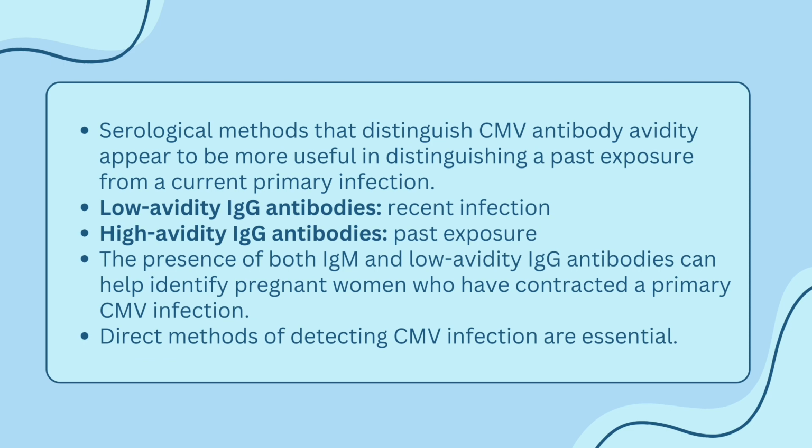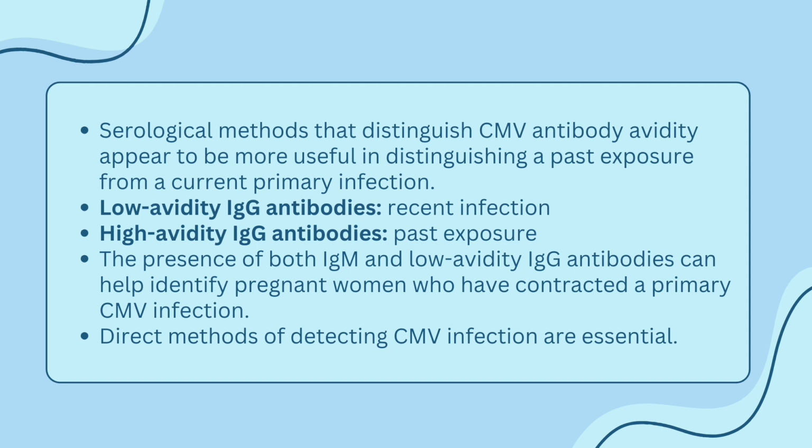On the other hand, serological methods that distinguish CMV antibody avidity appear to be more useful in distinguishing a past exposure from a current primary infection. Low avidity IgG antibodies indicate a recent infection, while high avidity IgG antibodies reflect a past exposure.